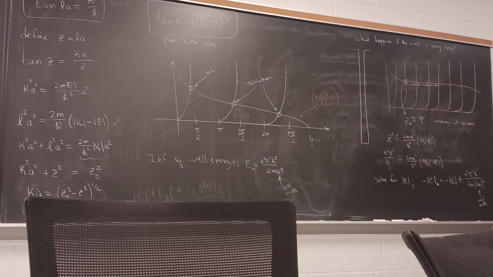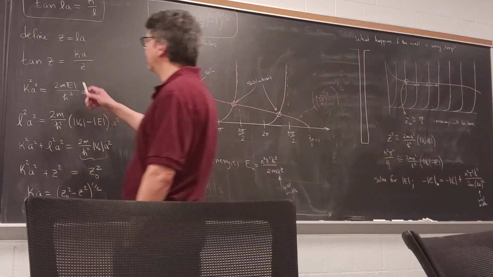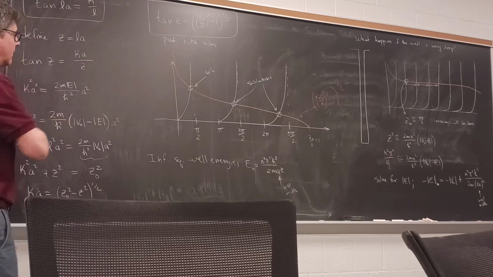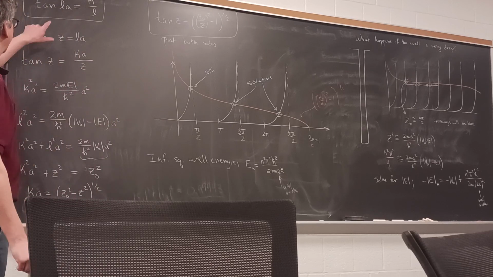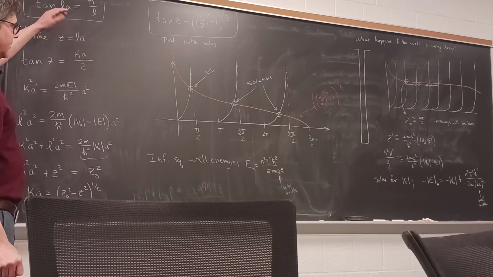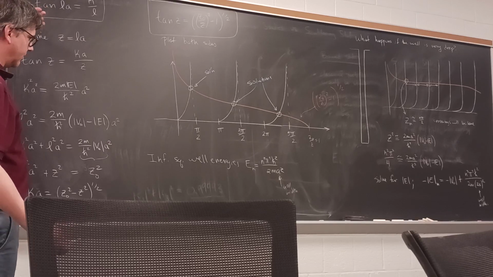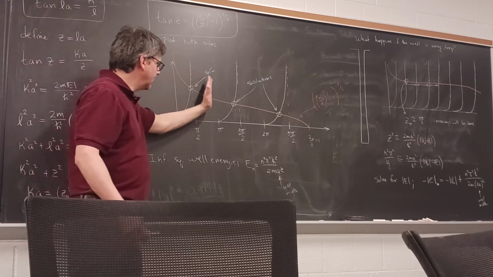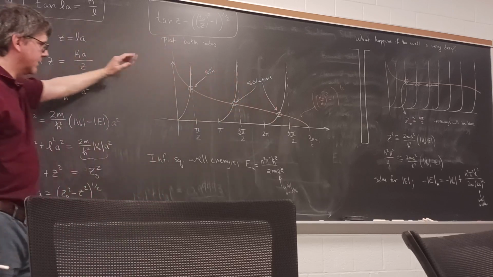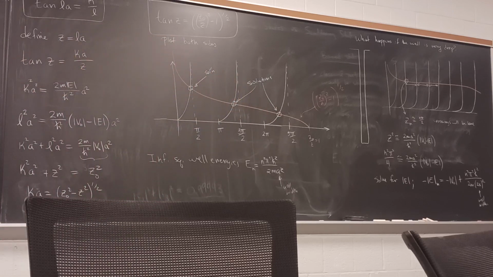So what do those solutions mean again? Is this like where K equals L, or what does it mean to have a solution at those points? The relationship that relates the energy to this discrete set of solutions is from the boundary condition.